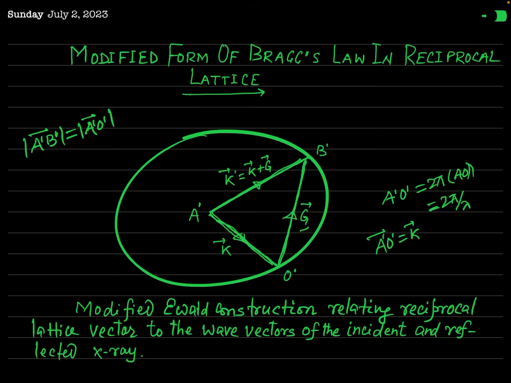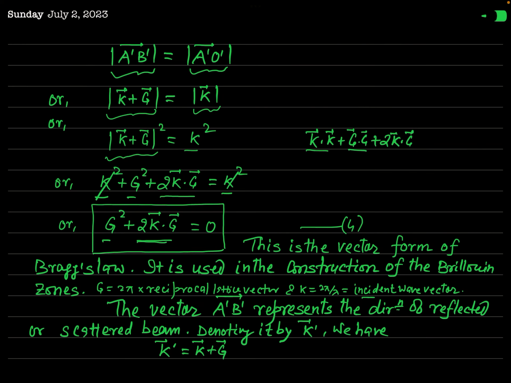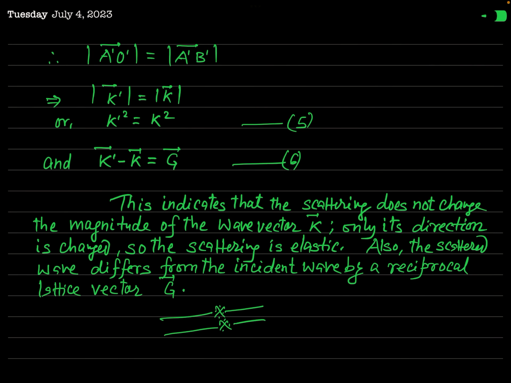But since the modulus of A dashed O dashed and A dashed B dashed are equal, mod of A dashed O dashed is equal to mod of A dashed B dashed. A dashed O dashed is K, and this is actually K dash. I have written it on the opposite side here.